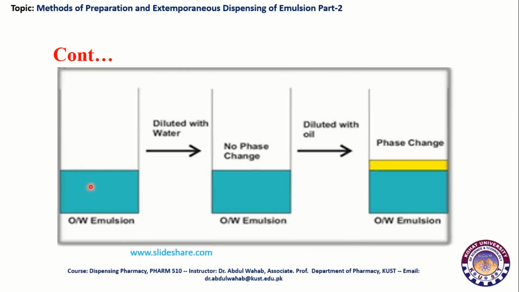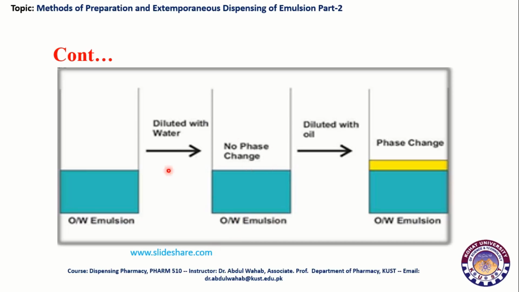Like you can see over here, with an oil in water emulsion, if we dilute it with water, no phase change will occur. The stability of the emulsion will not be affected, as you can see in this figure.